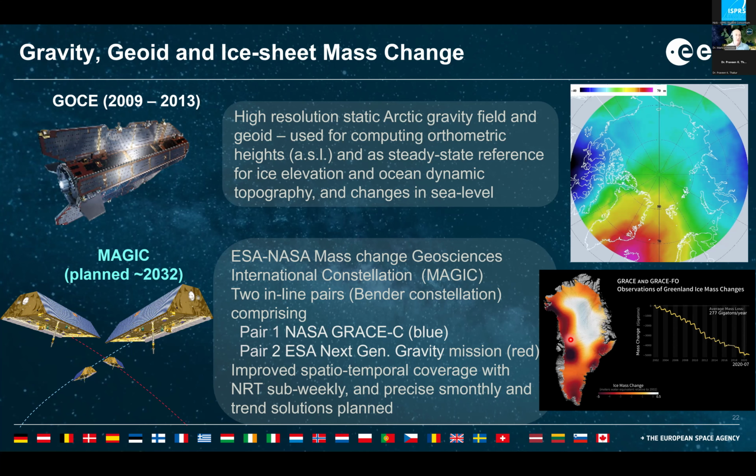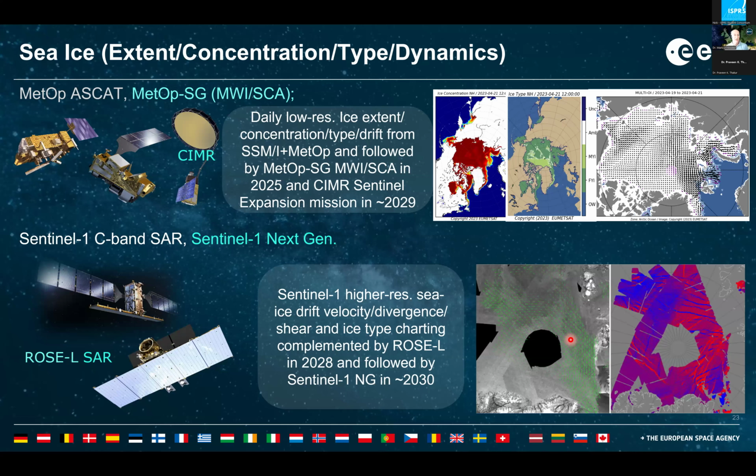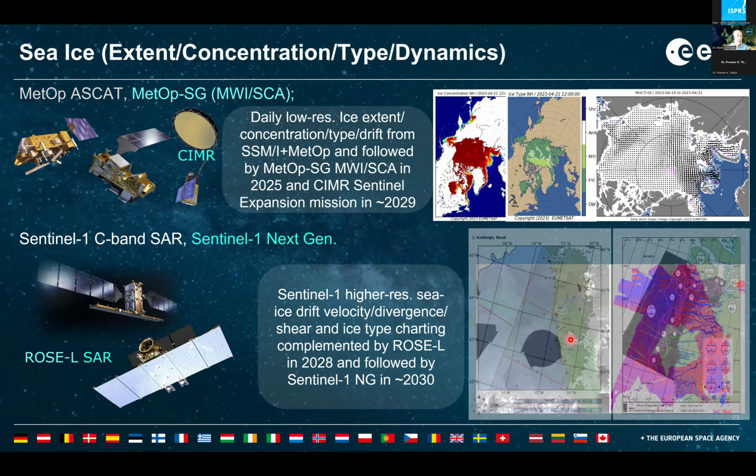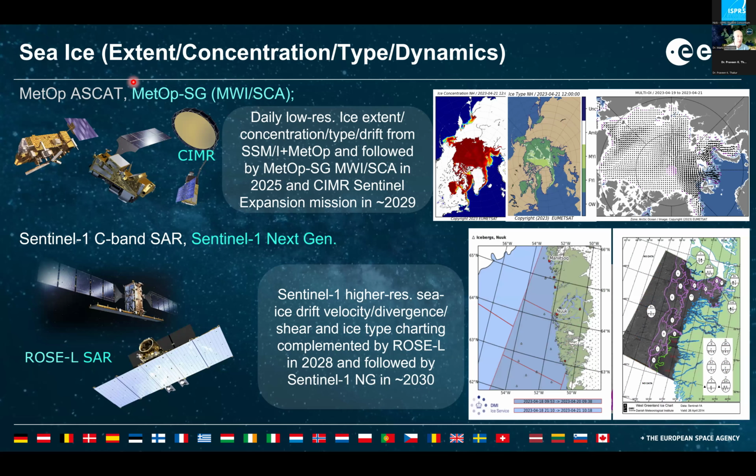So let's switch attention to sea ice, to the sea ice essential climate variable. Here we're measuring extent, concentration, sea ice type, and dynamics. And there we're using a combination of scatterometer data from the METOP ASCAT instrument. And in the future, we'll be using the METOP second generation instrument, as well as the CIMR, Copernicus Imaging Microwave Radiometer.